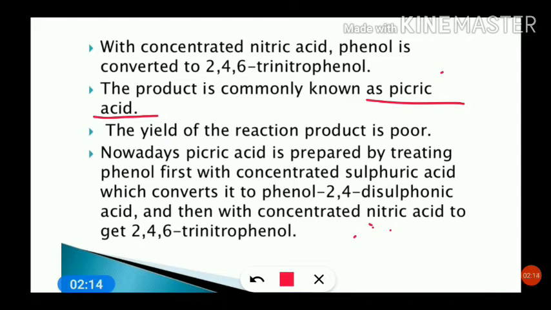Now, the yield of the reaction is poor. Picric acid is prepared by treating phenol with concentrated sulfuric acid, which converts it into phenol-2,4-disulfonic acid, and then concentrated nitric acid. This reaction will take place in the acidic medium.